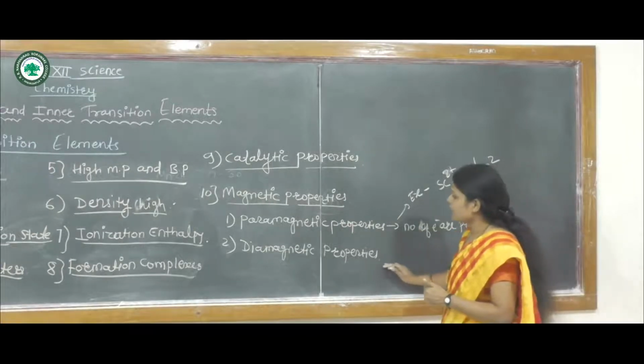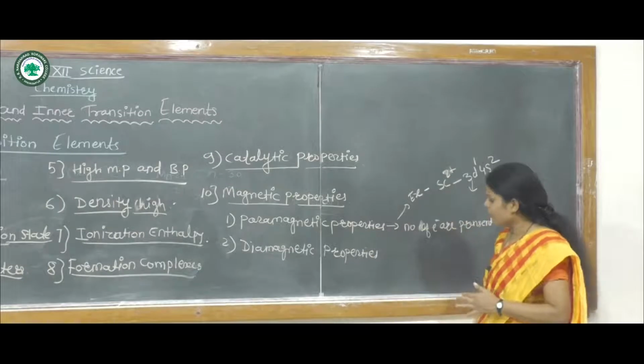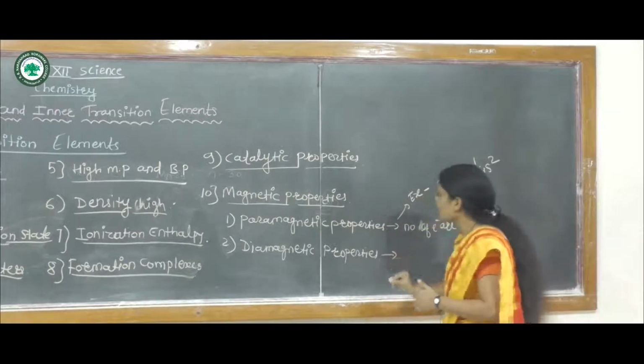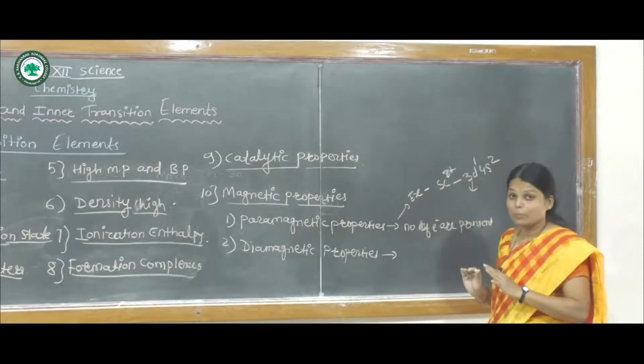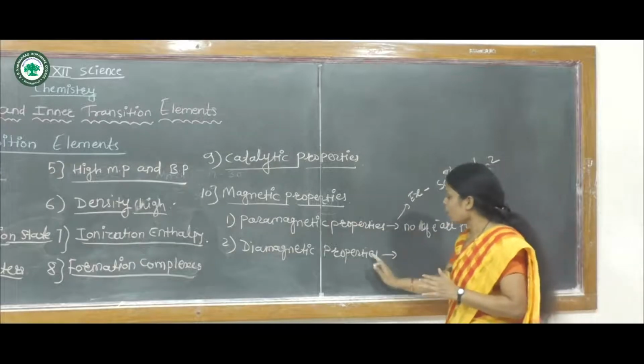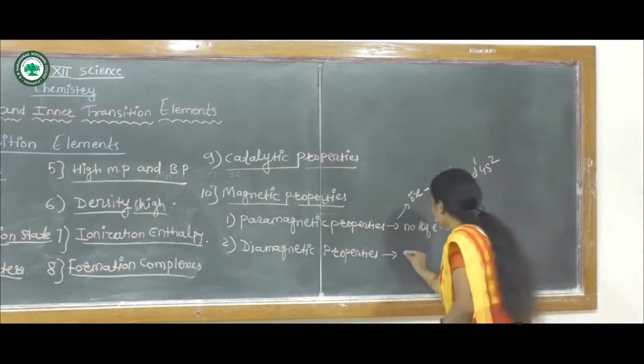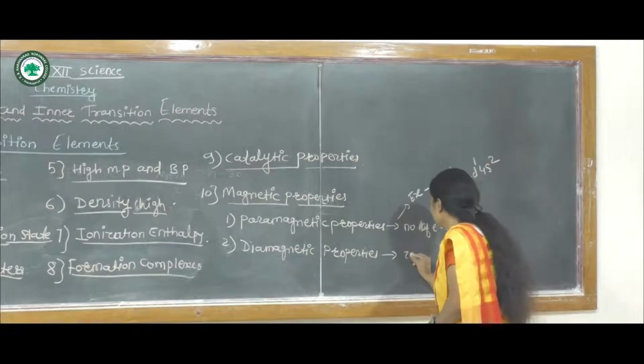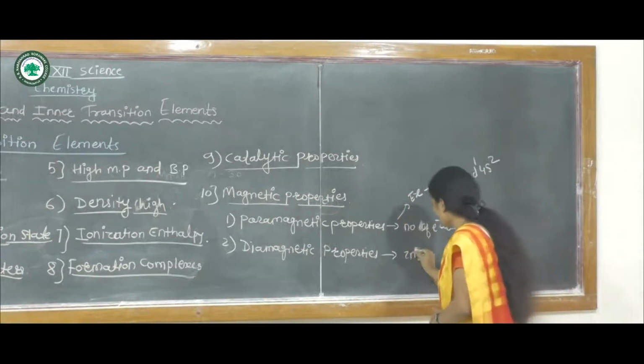On the other hand, diamagnetic properties are different: here the d orbital is completely filled. For example, zinc 2+.